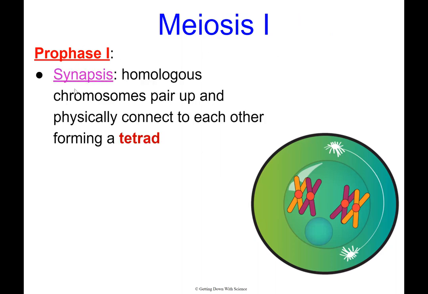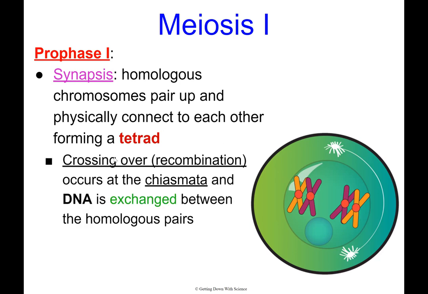So synapsis is the idea where those homologous chromosomes pair up and physically connect so they form a little set of 4. We call that a tetrad because we want them to stay together until the point that we intentionally separate them. The other thing that's really unique to meiosis in this phase is crossing over.